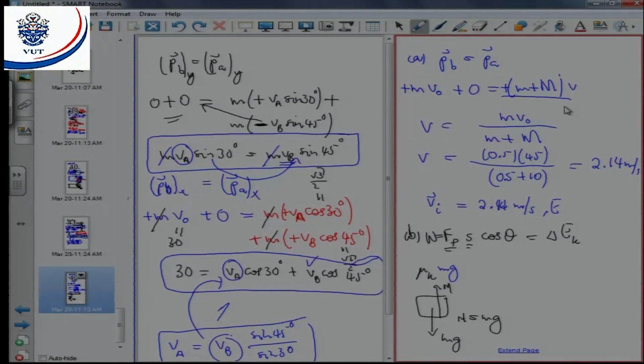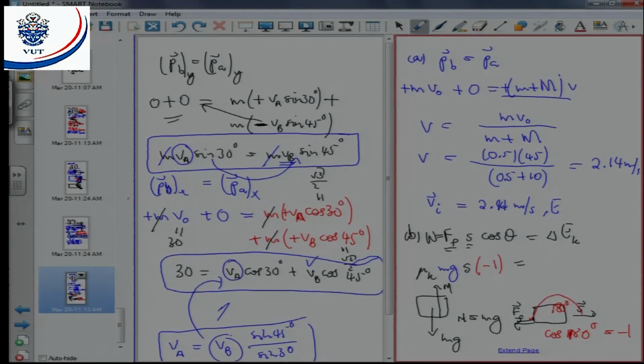So mu k n, and then now we've got s, and the angle between, so remember that the frictional force is acting in that direction, the block is moving in that direction, so the angle between friction and displacement is this one here, which is 180 degrees. Cos of 180 degrees is just minus 1, so then I've got multiplied by minus 1.